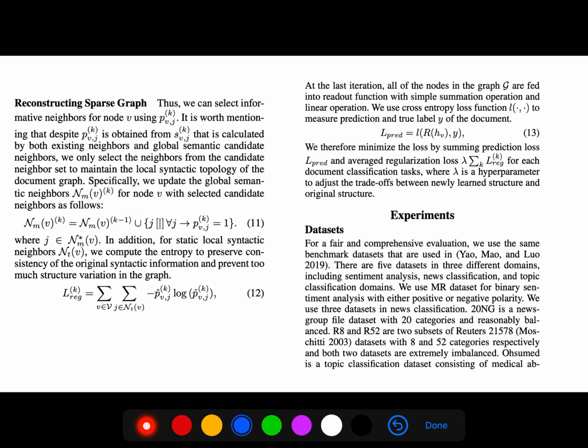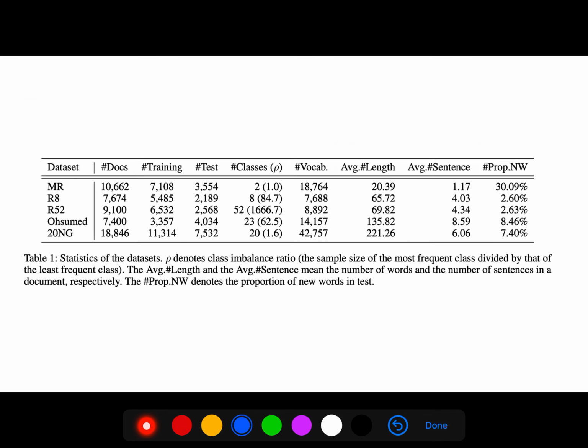So at the last iteration, all of the nodes in the graph are fed into this readout. And again, we can have this prediction. So they have some datasets like MR, R8, and you have the number of vocabulary, number of sentences, the number of classes, which is different in each dataset, as you see.